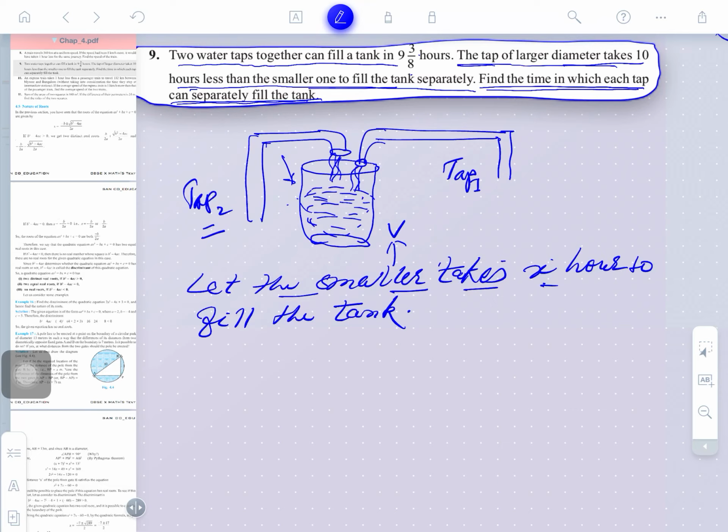Is that clear? If they take x hours to fill the tank, then the larger will take 10 hours less than that, x minus 10.